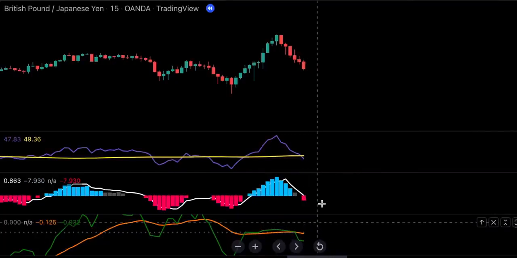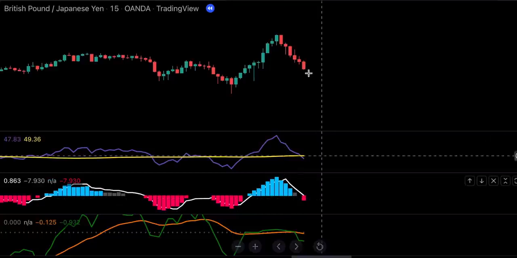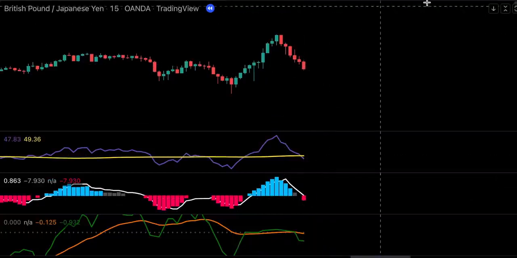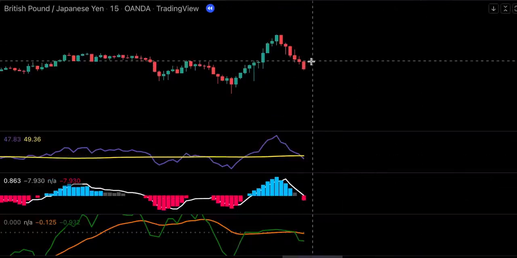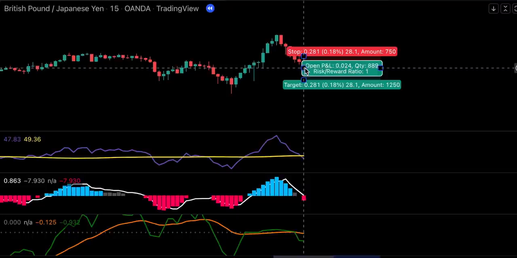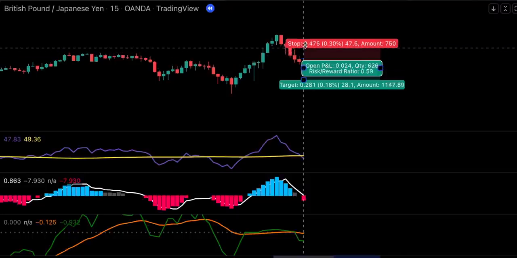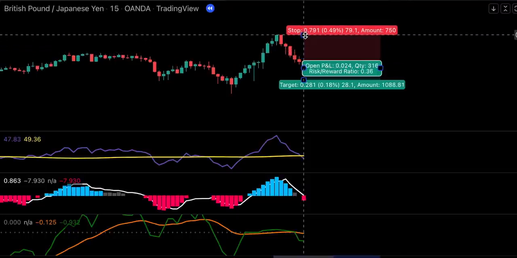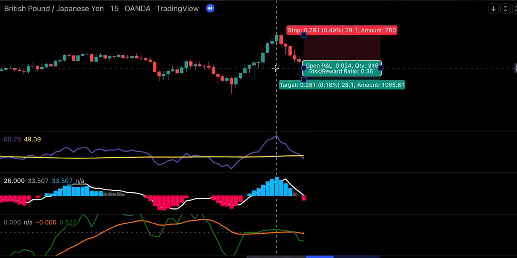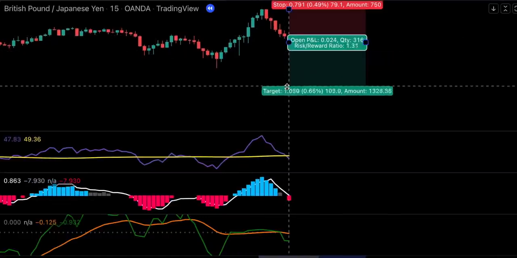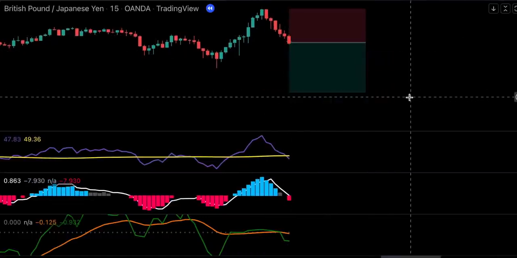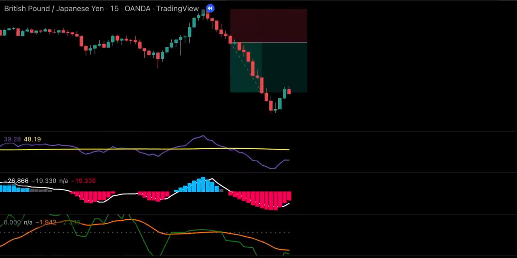We see here we've got all our conditions met, and this is going to be our trigger candlestick. So we will go ahead and place a sell order. We will set our stop loss at the recent swing high, and we will be targeting 1.5 times the risk. Okay, we see this trade turned out to be successful.